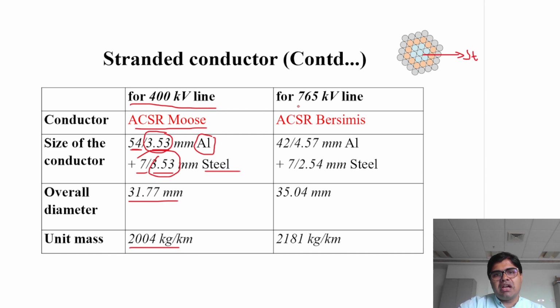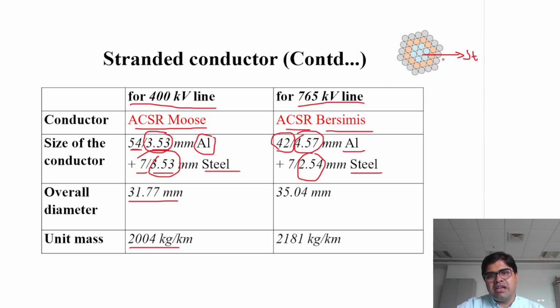Now let us come back to the higher rating of the transmission line, that is the 765 kV line. It is called ACSR Bersimis. Now it has a different strategy of calculation. We have 7 steel conductors, each with a diameter of 2.54 millimeters, and external to that steel we have aluminium conductors. This time the number is reduced, 42, not 54, but you can see that their diameter is 4.57.